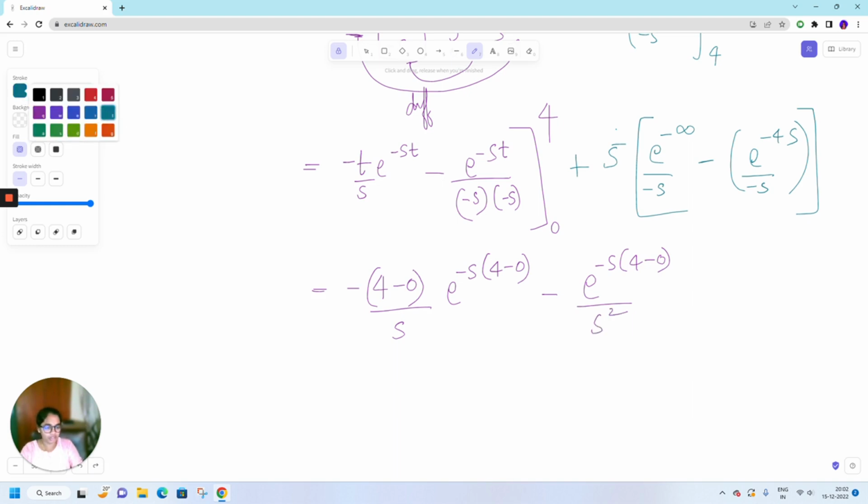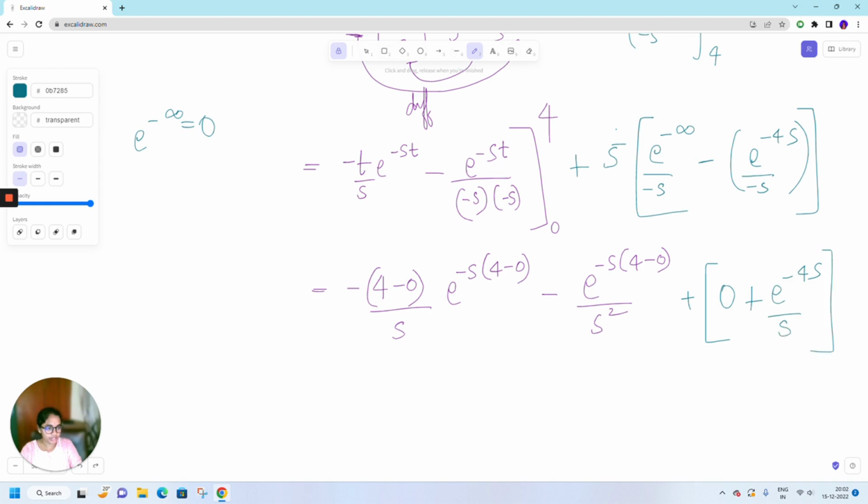Okay, so what is remaining over here? Plus, what is e power minus infinity? The value of e power minus infinity is 0. So you would get 0 divided by anything is 0, right? And here minus into minus plus, so e power minus 4s divided by s.